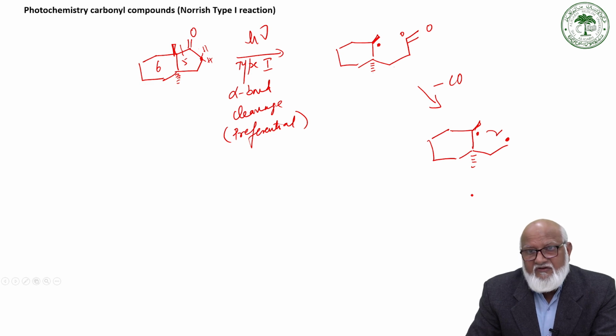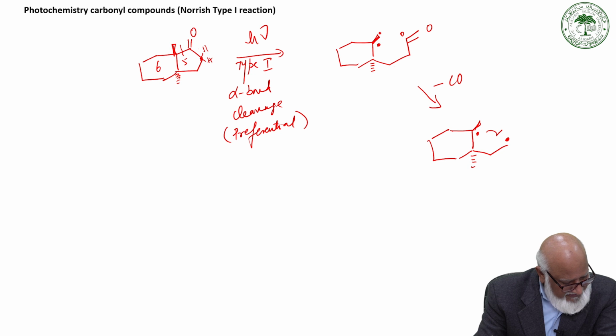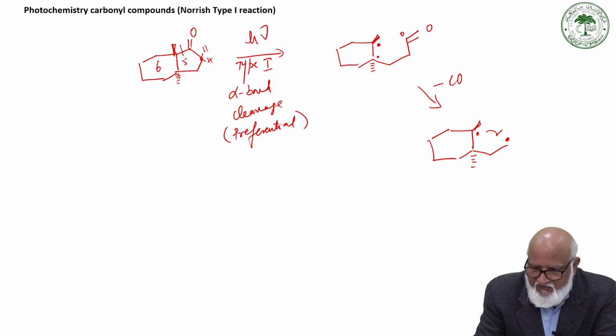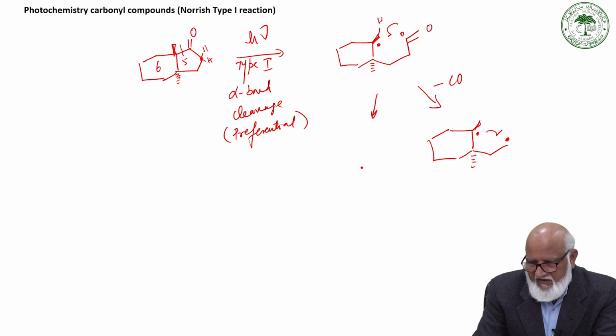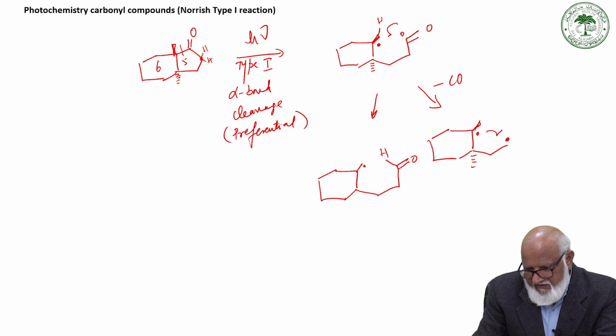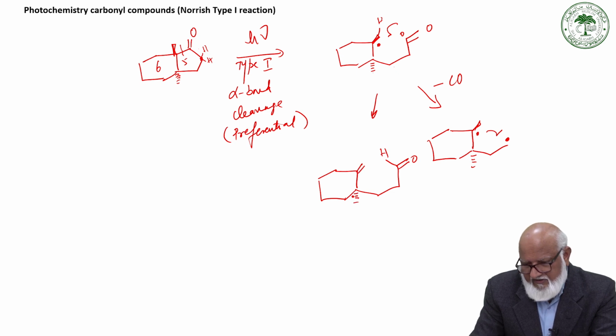I don't know how stable this will be, but the aldehyde is going to be really an important reaction taking place in this particular case. This will abstract a hydrogen to give the aldehyde derivative, say for example the hydrogen from here, giving this one with the exocyclic double bond and a methyl group here.